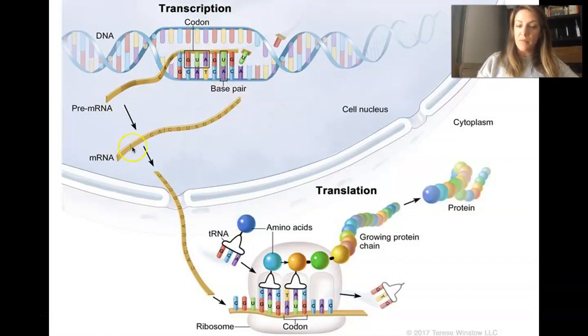The mature mRNA molecule then leaves the nucleus, finds a ribosome. tRNAs pair their anticodon with a codon on the mRNA to add on a specific amino acid to a growing chain. When that stop codon is reached, this all falls apart. Now you have an amino acid chain, which is the primary structure of your protein, and the protein folds to become a mature protein.